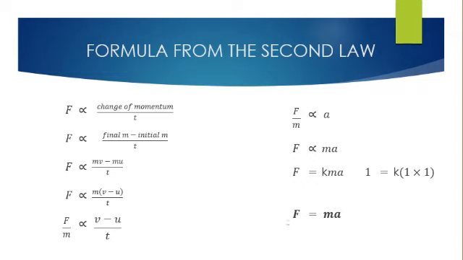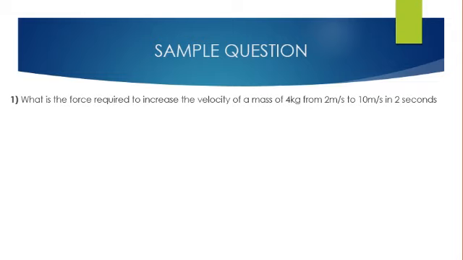Now, anything we multiply by 1 will simply give us itself, right? So the formula from the second law of motion is simply F is equal to m multiplied by a. It's very essential to remember this formula, as it will be very useful in the sample question that we'll be doing right now.